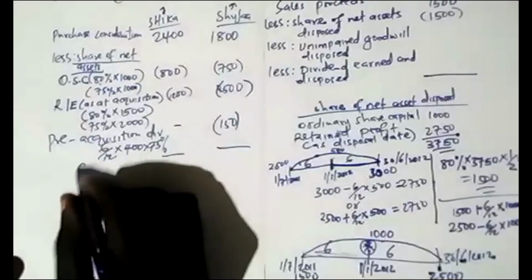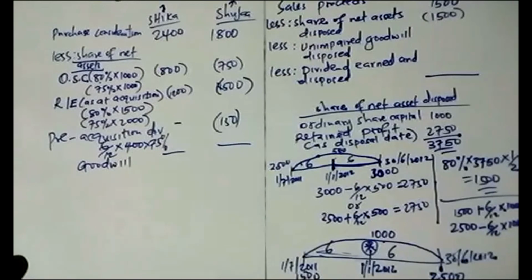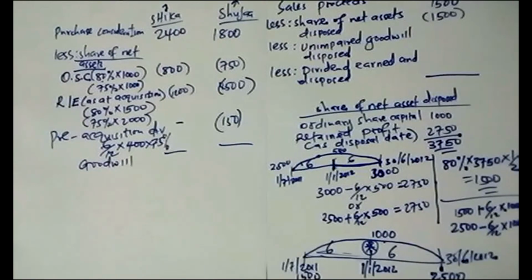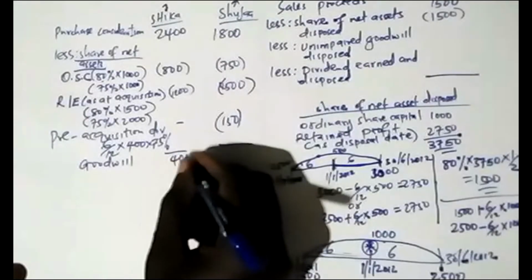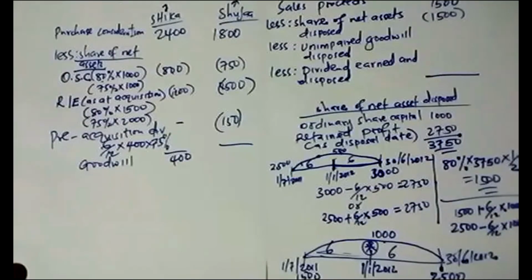So which means that my goodwill, for the first one, if I use my calculator, 2400 minus 800 minus 1200. So this is 400. This one even is direct because this plus this is 2000. Then this one will be 1800 minus 750 minus 1500 minus 150.